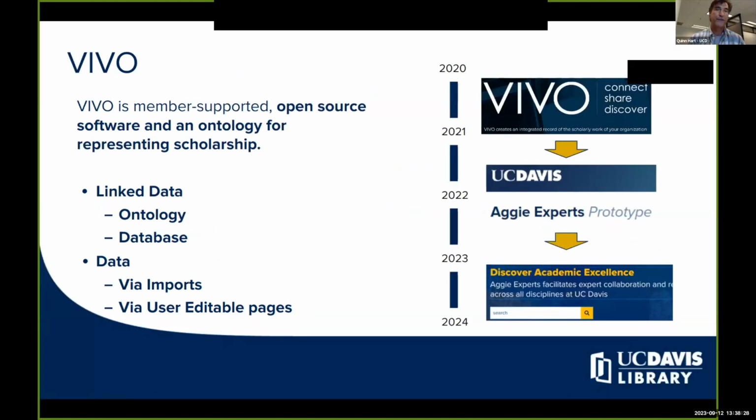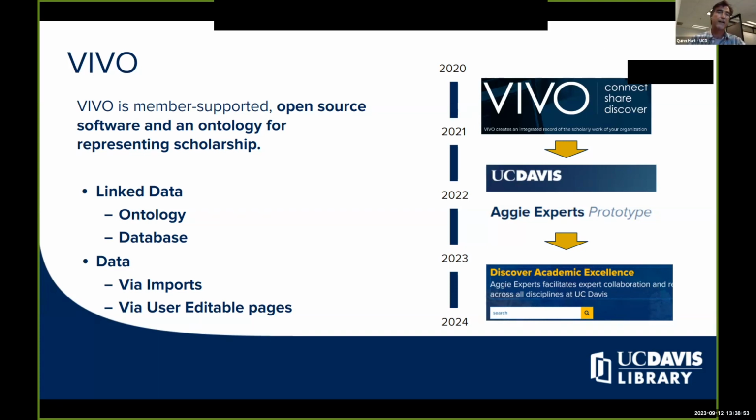And we developed Fin, like most of the people here, to display the digital collections for the special collections here at UC Davis. But we have also been involved with a research management system, and we use VIVO. For those that don't know, VIVO is an open source software and an ontology for representing academic scholarship.